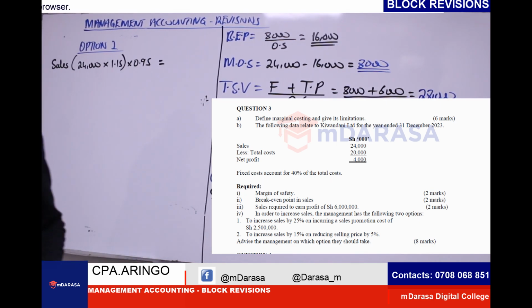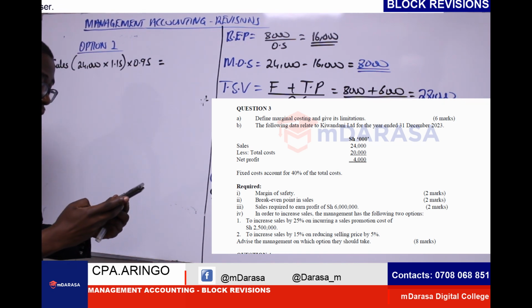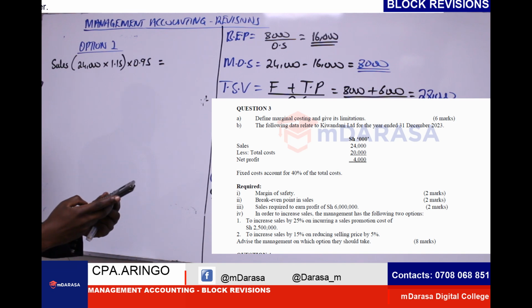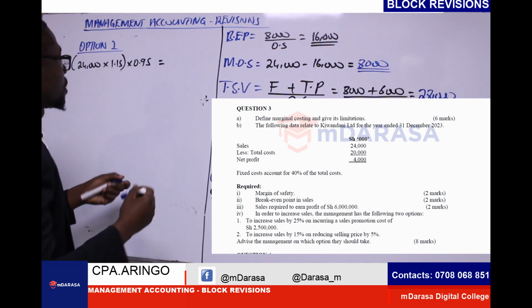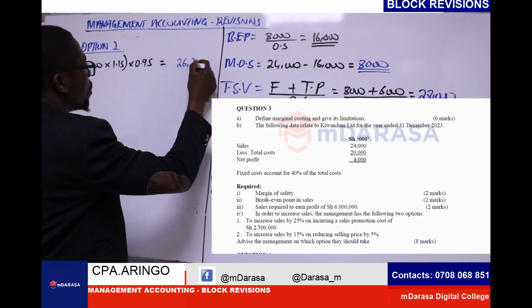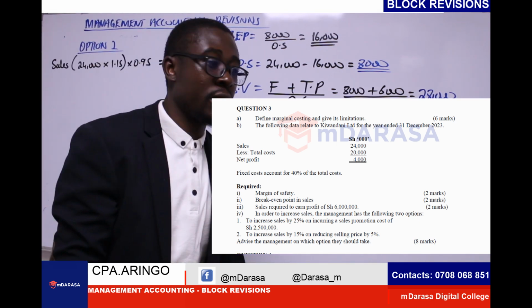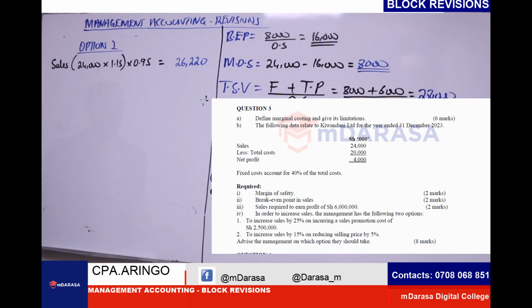My sales in this case, I'll be having 24,000 times 1.15, of course, times 0.95, reducing our selling price. So in this case, I'll be having 26,220. We increase our sales at the same time reducing what? By reducing our selling price.